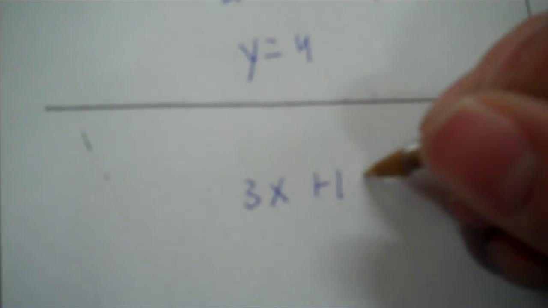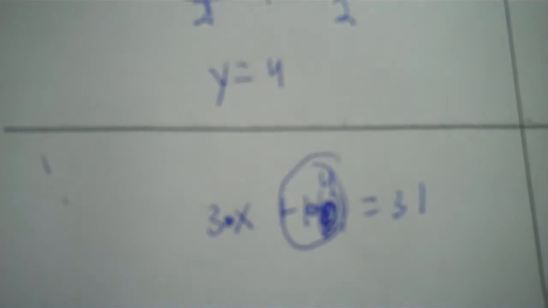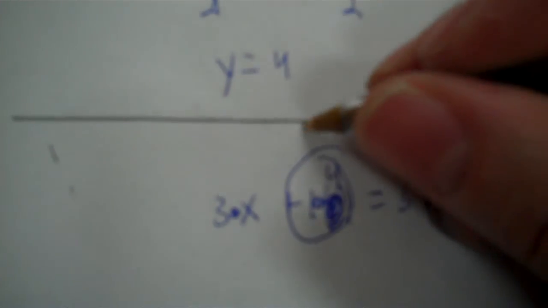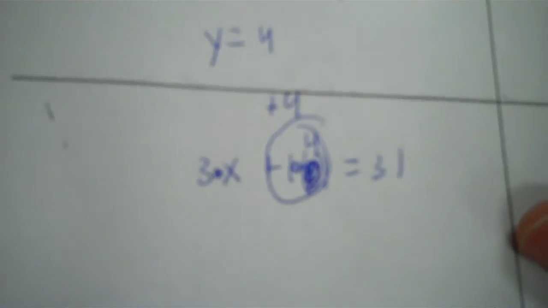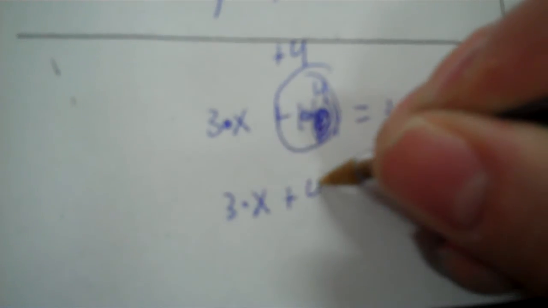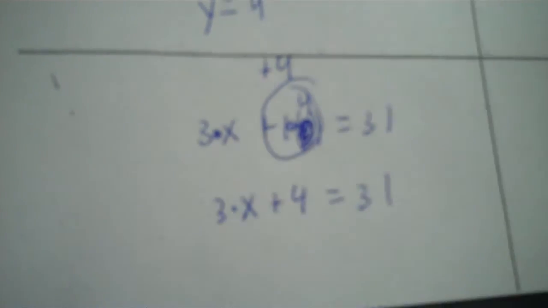So y is 4. Now to solve for x, you write your very first equation. 3x plus 1y equals 31. So y is 4. So I take positive 1 times 4, that's 4. It's positive, so I put that. Then I solve it, so I have 2 operations on its side.